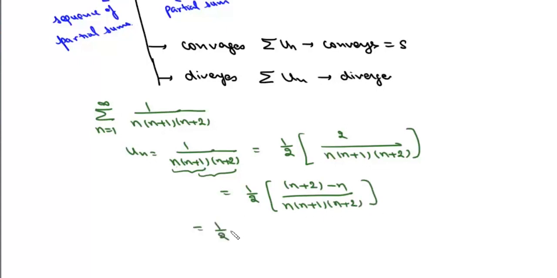Now we split it in two parts. Here n plus 2 will cancel, so it will be 1 upon n plus 1, and minus here this n will cancel and will be 1 upon n plus 1, n plus 2. So that's our nth term for the sequence un.